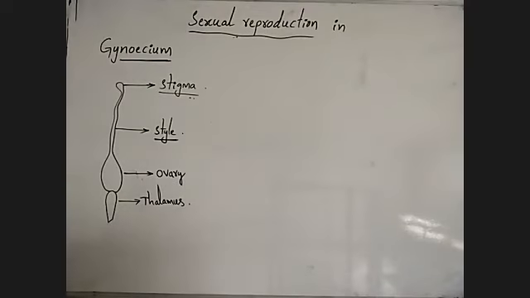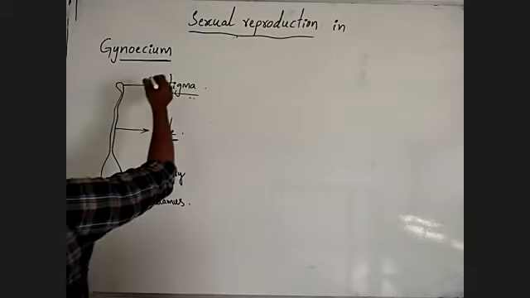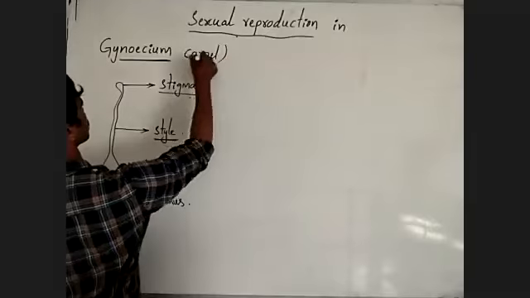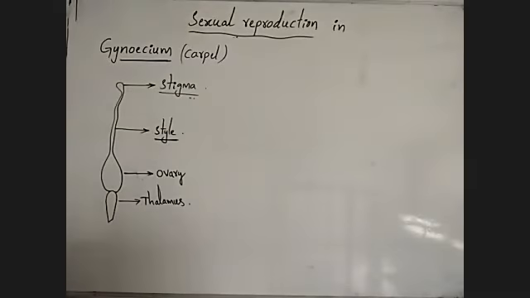These are the three important parts present in the carpel. This is the structure of the carpel. Are you understanding?